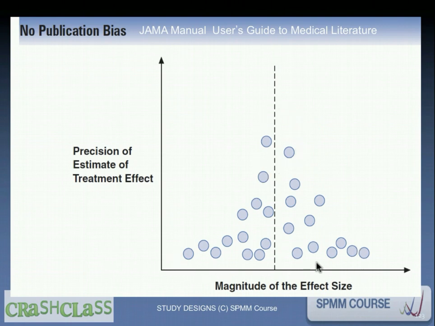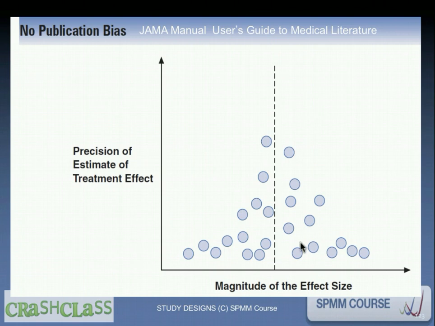What kind of studies don't get published? Negative studies don't get published. If you see here, the vertical line at the center is the zero effect. Usually it's not the mean effect, it's the zero effect. On this side you have studies favoring the treatment, on this side studies not favorable to the treatment.